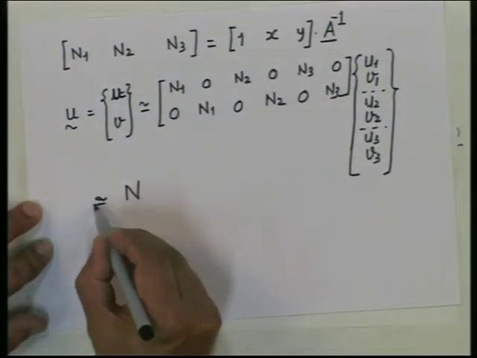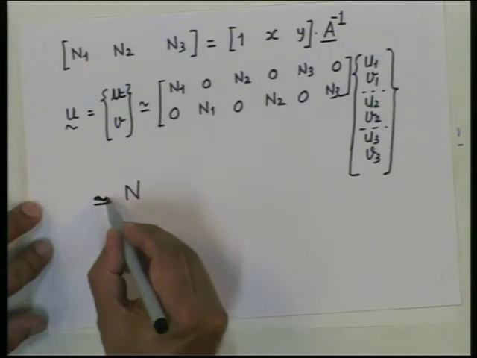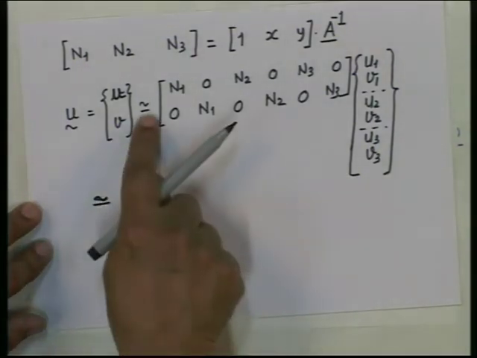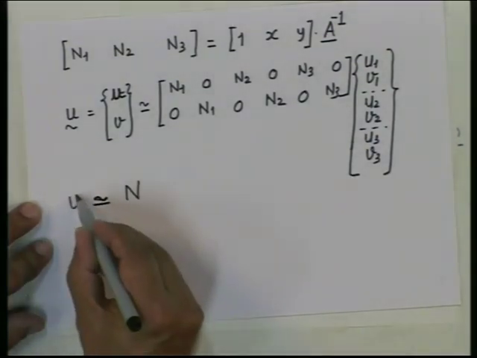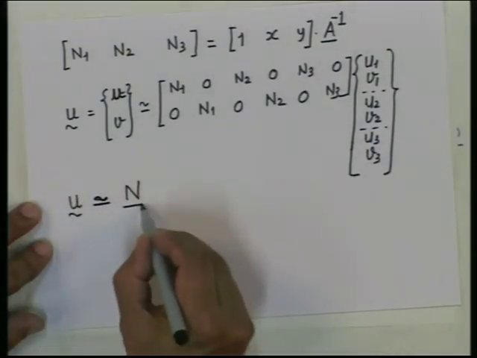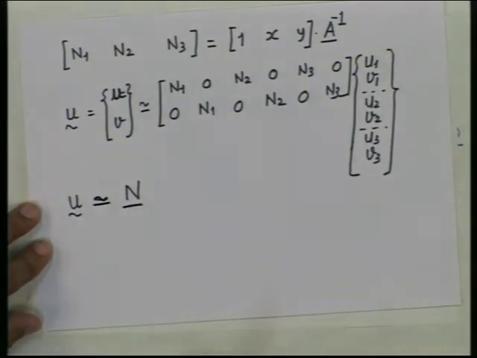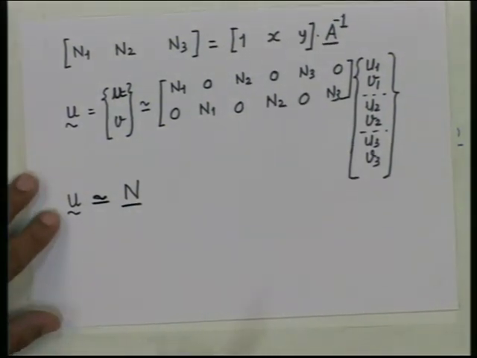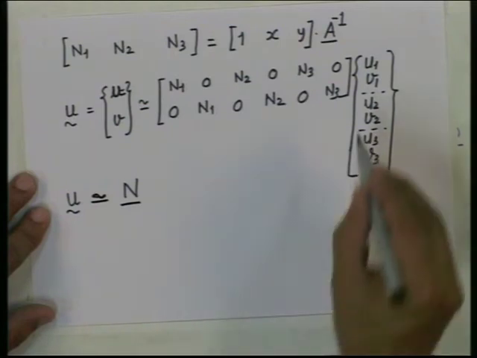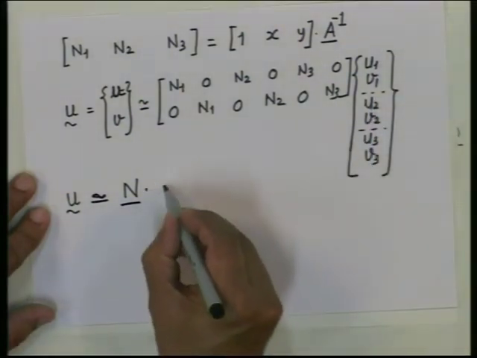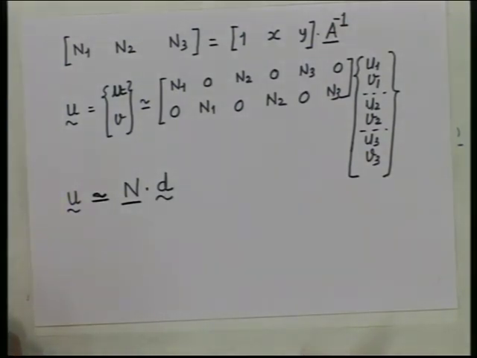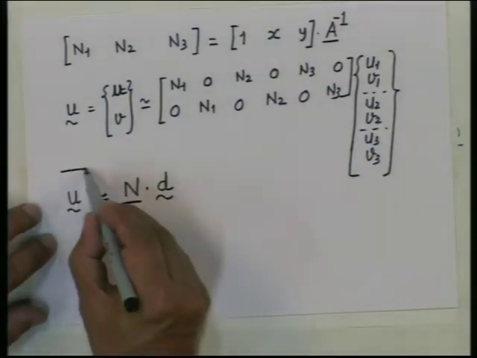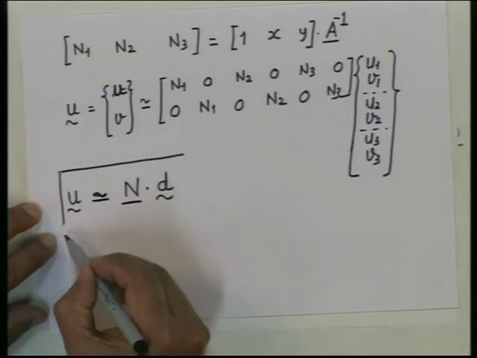This is approximate, because the moment you write down n, it is not exactly equal to this; there is an approximation sign here. So, u is n times d. n is a rectangular matrix, it is not a square matrix, n will generally be a rectangular matrix, and this will be d, the nodal degrees of freedom. So, we have established this.